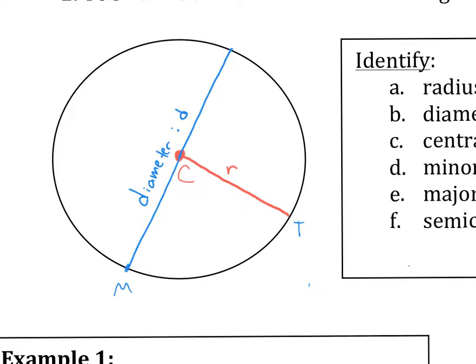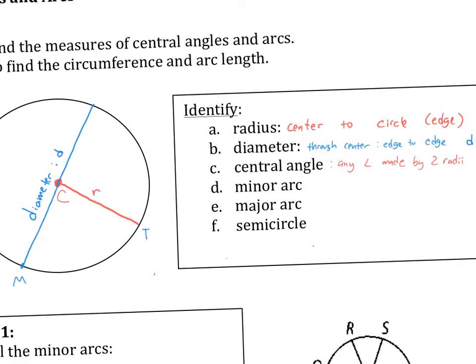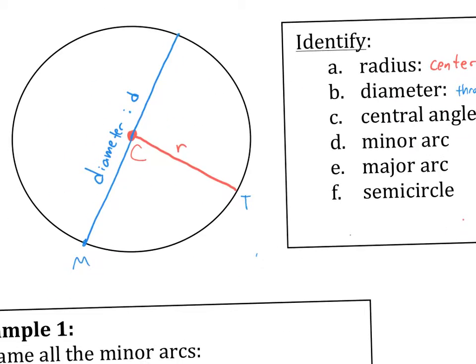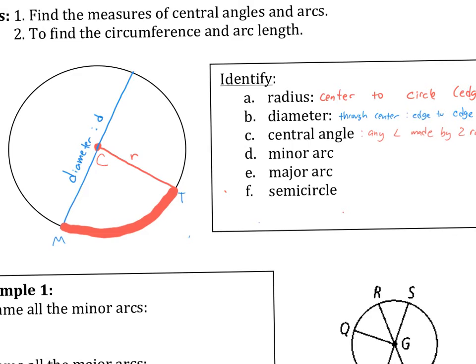Now, a minor arc. Let's define what an arc is first. An arc is a piece of the circle. We can subdivide the arcs into three categories: minor, major, and semicircle.